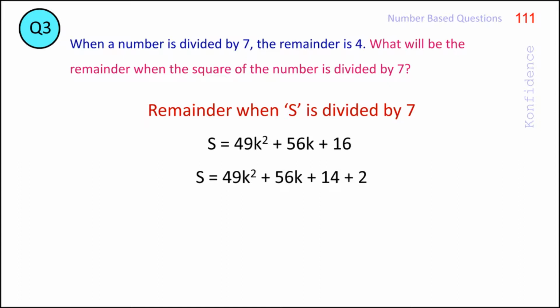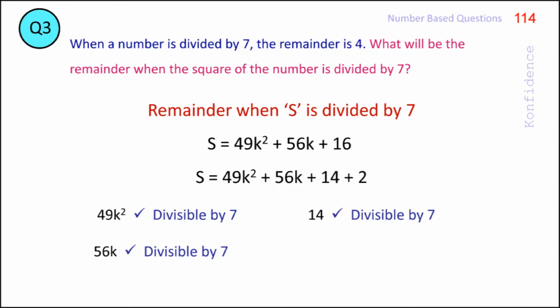Now look at 49k square plus 56k plus 14 plus 2 carefully. Here the term 49k square is divisible by 7 because 49 is a multiple of 7. 56k is also divisible by 7 because 56 is a multiple of 7.